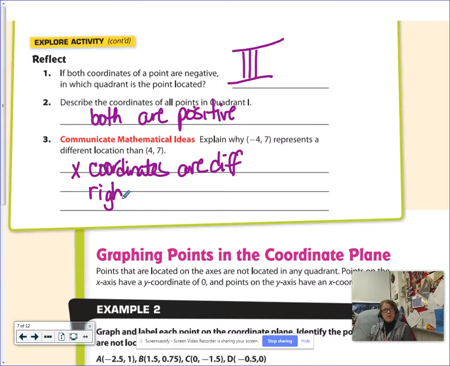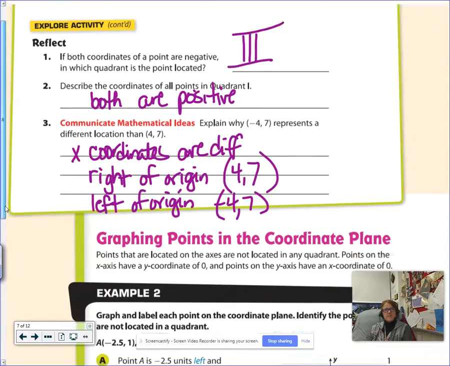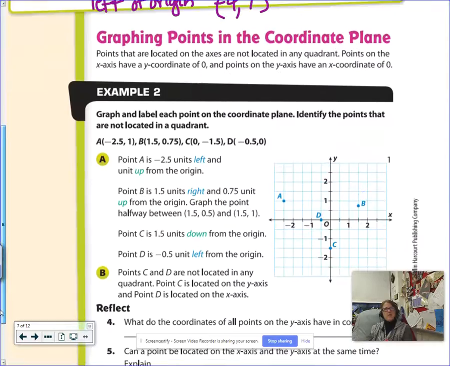That would be the positive one. It's to the right of the origin. That's (4, 7). And the other one, that's (-4, 7), that one is going to be to the left of the origin. That many units. Okay? That explains why.